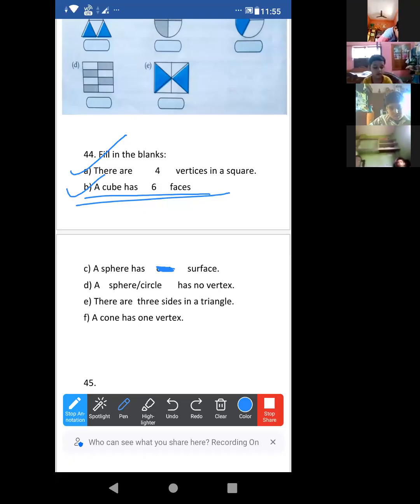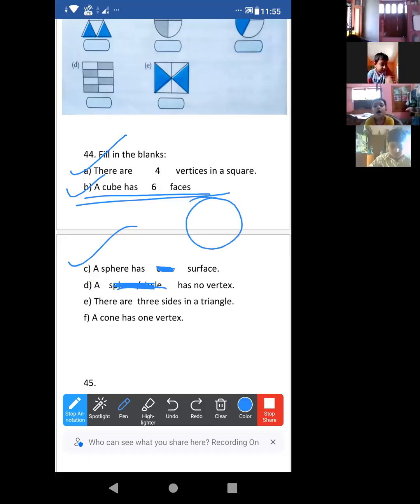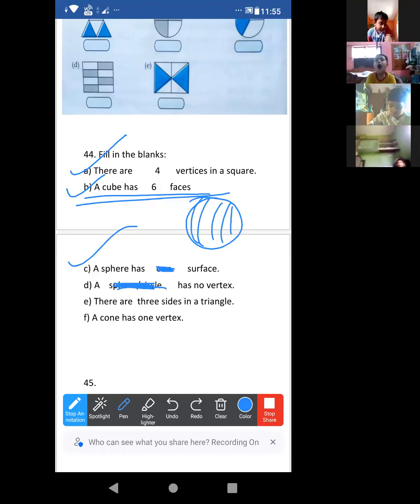Done. Now number C. A sphere, yesterday I explained sphere. That means a football. In a football, how many surfaces are there? If you take a football, or suppose a watermelon, or an orange, we can touch it only one time, only one surface is there. There is no line, no cut section.